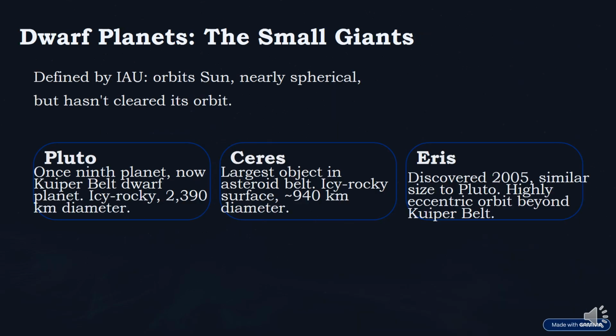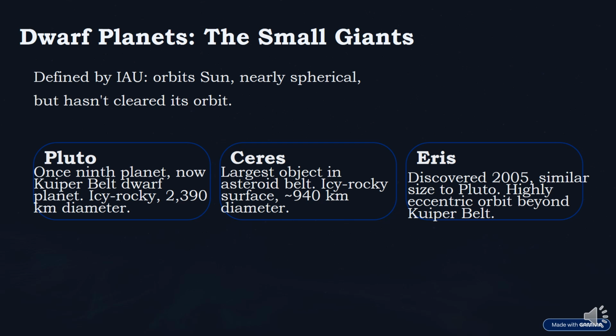Let us continue with the dwarf planet. First of all, a dwarf planet can be defined as a small planet. Dwarf planets are celestial bodies in the solar system that share some characteristics with planets but do not meet all the criteria to be fully classified as a planet.